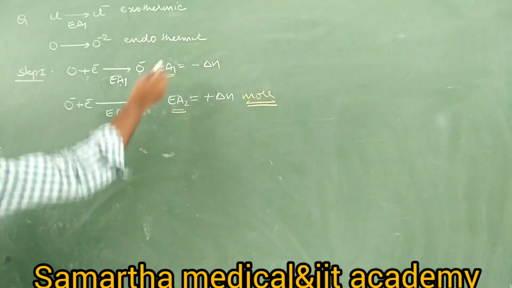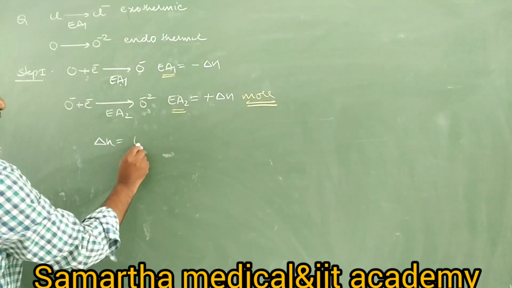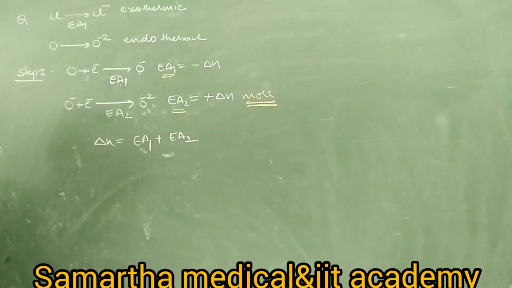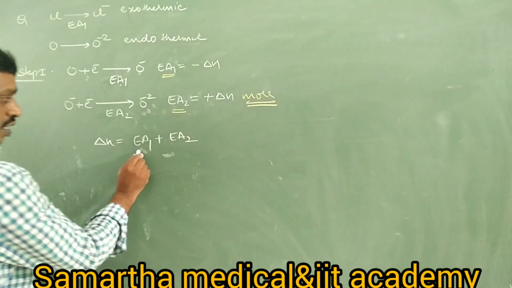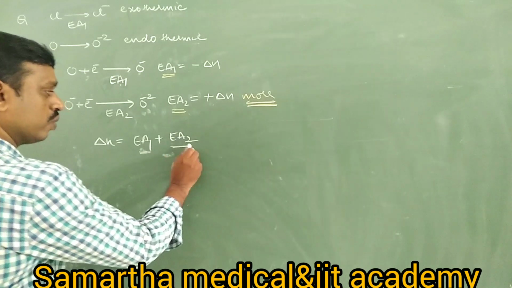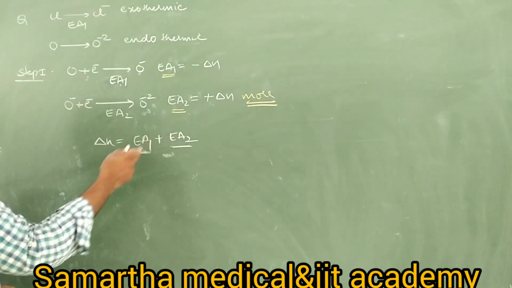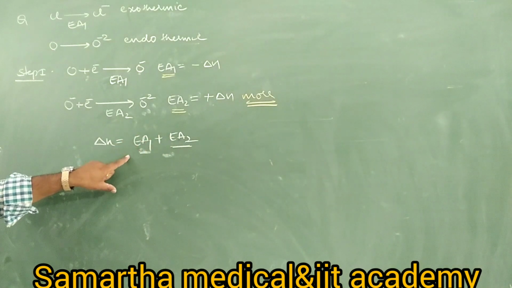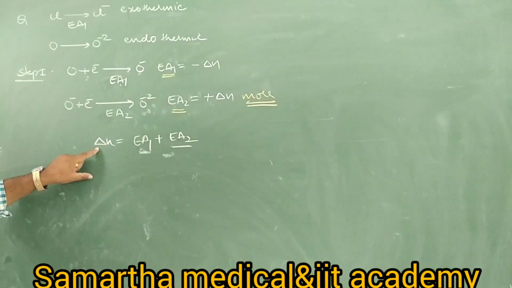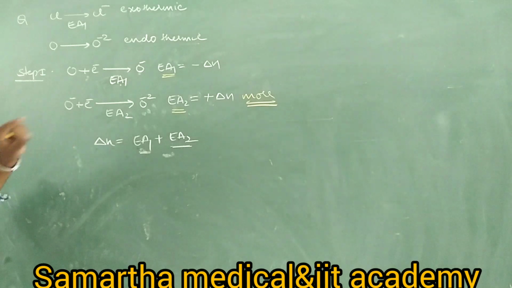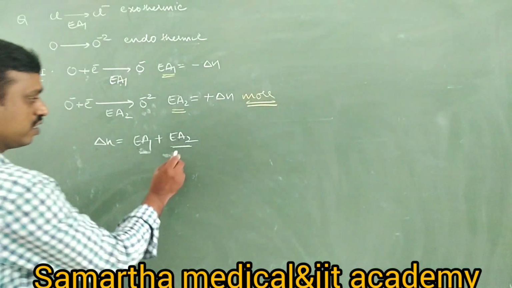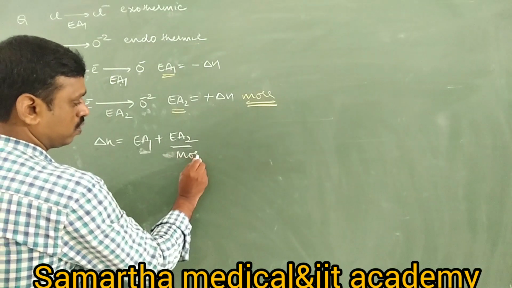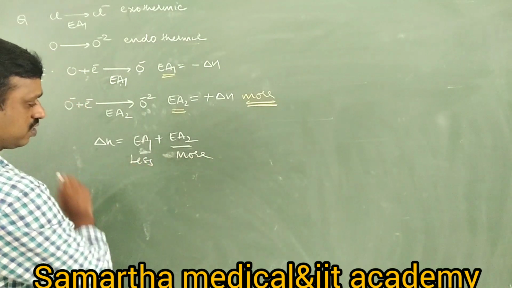Delta H is equal to EA1 plus EA2. Since EA2 is more than EA1, the resultant energy is positive, that is endothermic. So therefore important, EA2 is more, EA1 is less.